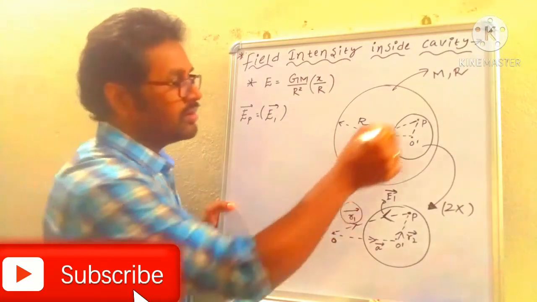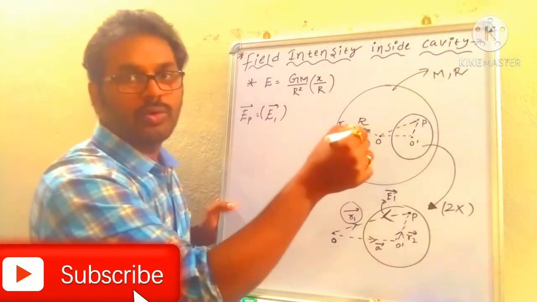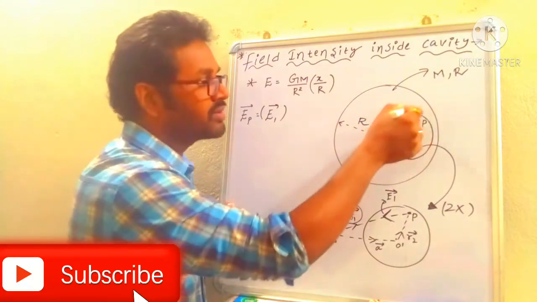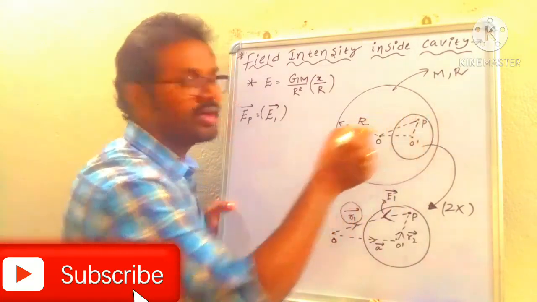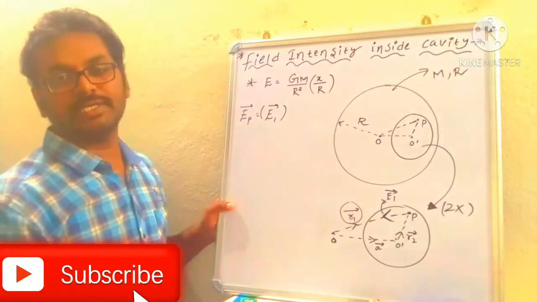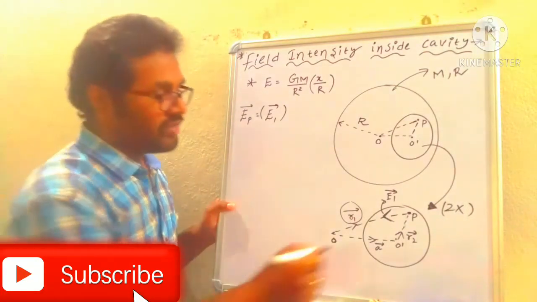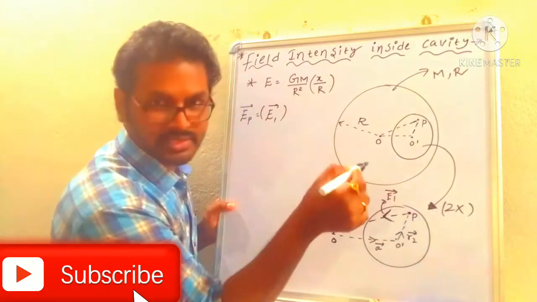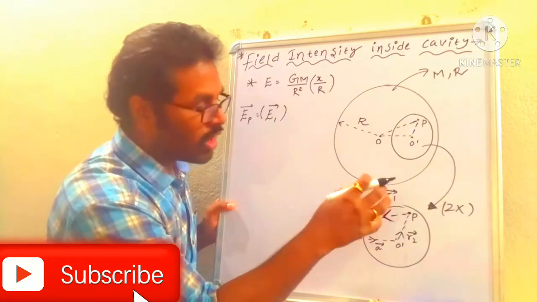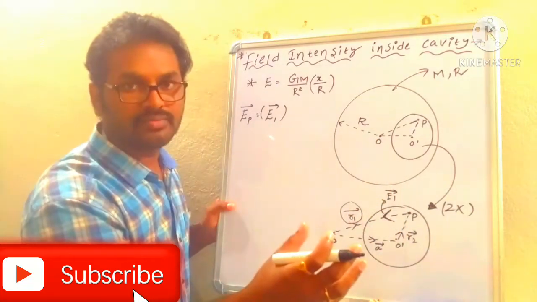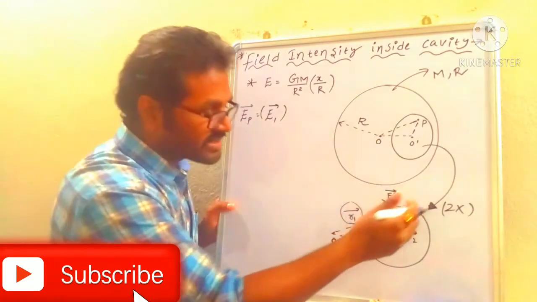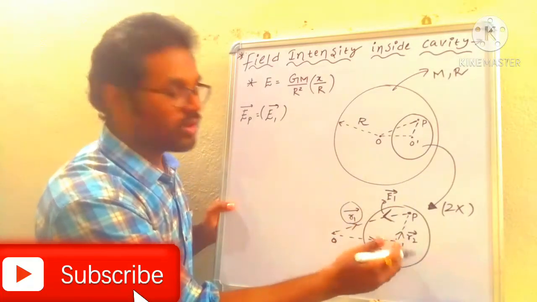And here this point is also an inside point for the assumed mass inside the cavity. So the field intensity at this point due to the mass we are removing from there is acting towards the center of the cavity.